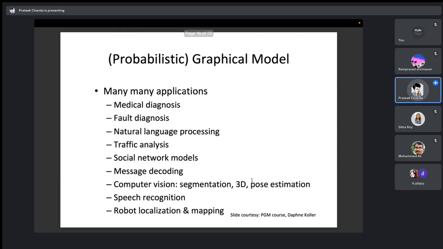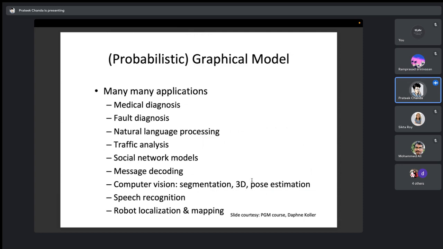So there are many applications of this. One is obviously medical diagnosis. Second is fault diagnosis, and natural language processing, social networks, and other areas like computer vision, speech, and robotics. So it's a widely applicable building block in many fields, and that is why it's so important that we study this in detail.